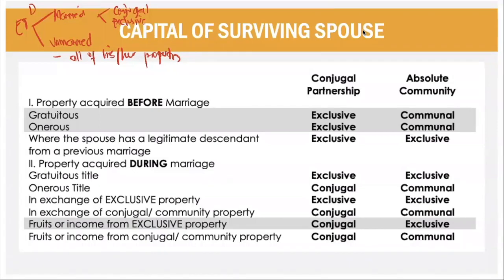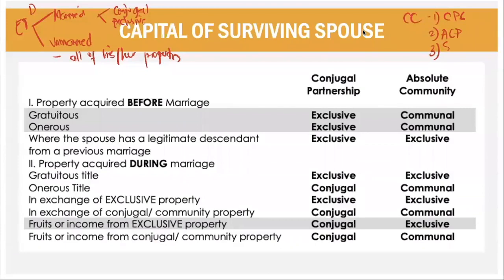Now, under persons and family relations in your Civil Code, we have certain marriage settlements or marriage regimes. Generally, we have the conjugal partnership of gains or CPG. Next, we have the absolute community of property or ACP. The last one is the complete separation of property.